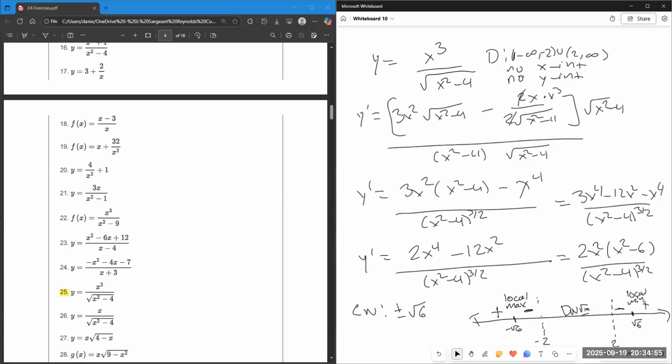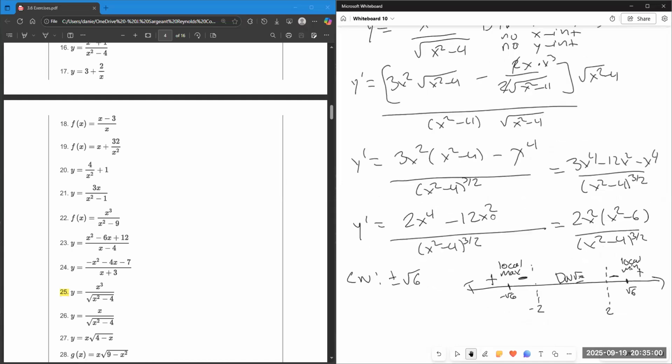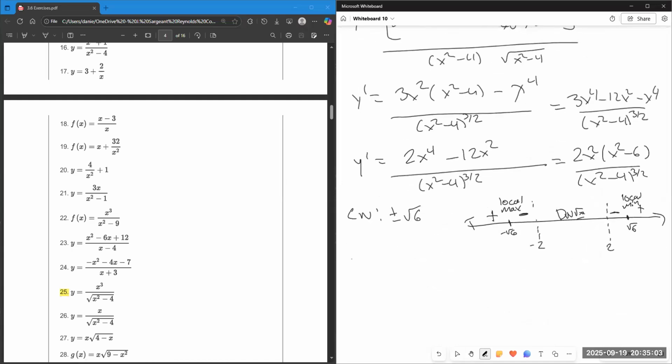Now, if I go back and stick those numbers into the original, y of negative root 6 is going to be negative root 6 cubed over the square root of negative root 6 squared minus 4, which is negative 6 root 6 over root 6 minus 4.